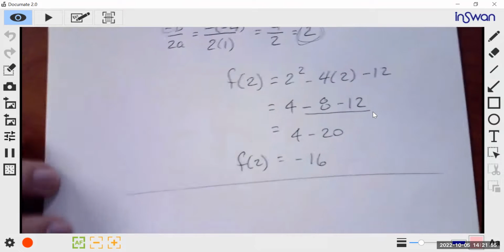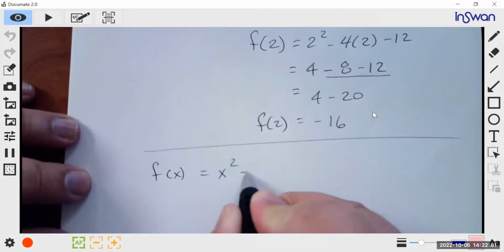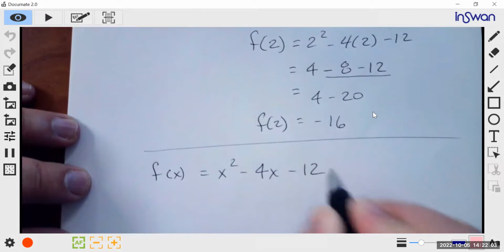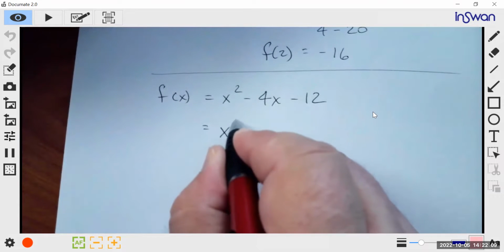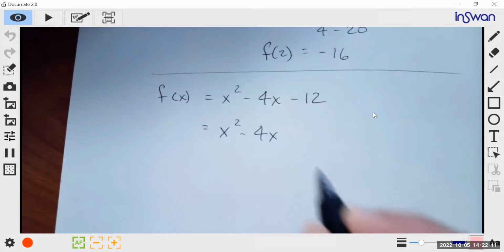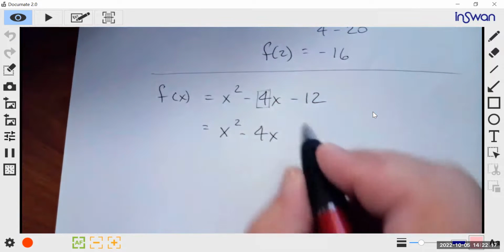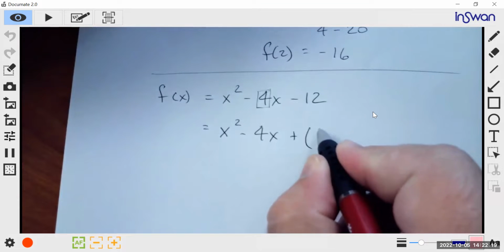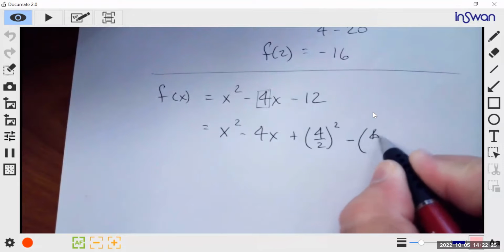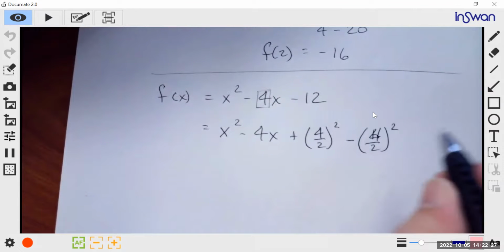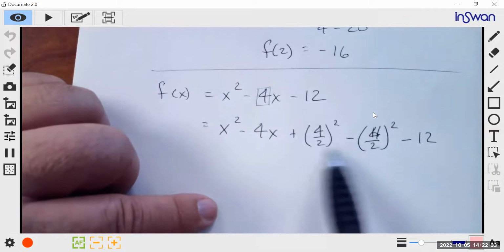Let's look at it and try to do the complete the square part. So the first thing we have to do is add b over 2 squared and subtract b over 2 squared, minus 12. Why do I add and subtract it together here?